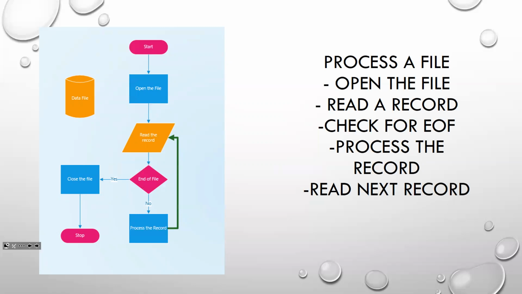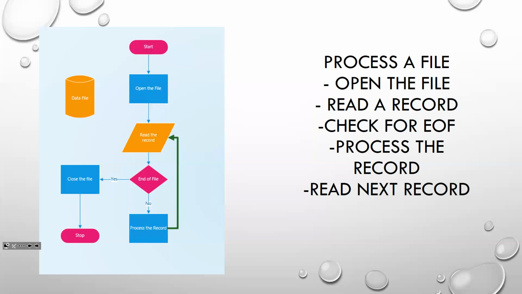If we didn't, then we actually had data in that record that we can process. We process that record, read another one, and check to see if it was end of file. If not, we process the data, read another record, and check again. We keep doing that until we finally get to the end of the file. When we get to the end of the file, we close our file so that someone else can read it, and we're done processing that file.